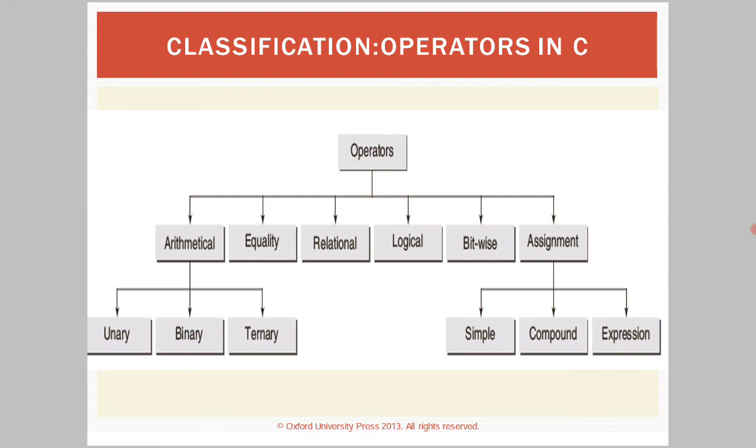Operator means symbol. An operator is nothing but a symbol used in a C program for specific purposes only. Generally operators are of different types like arithmetic operators, equality operators, relational operators, logical operators, bitwise operators, assignment operators, like that.